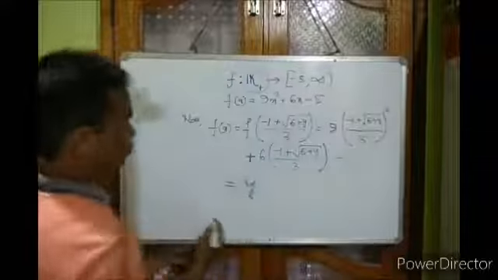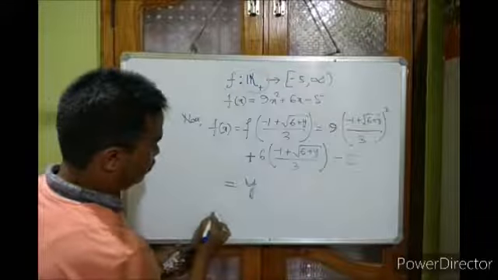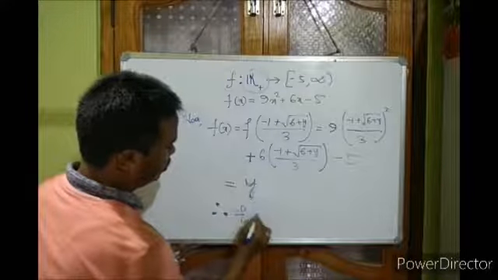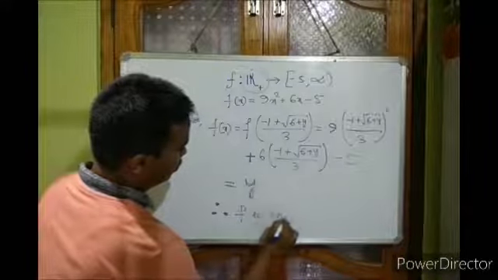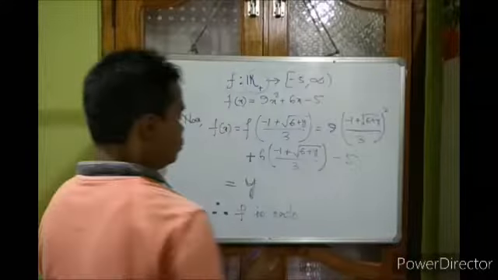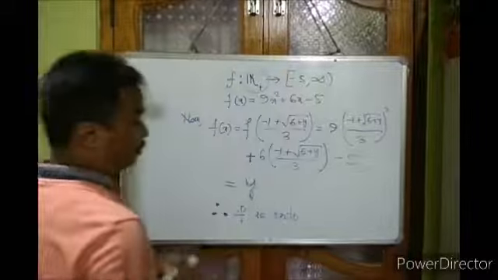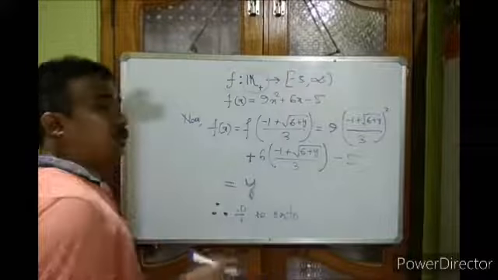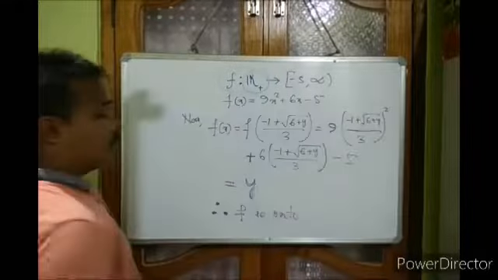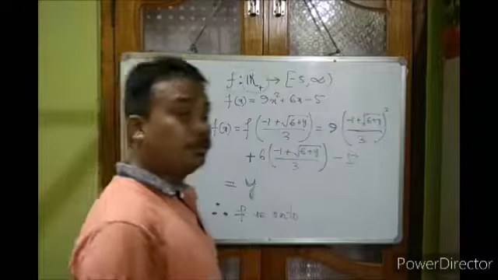So therefore f is onto. Hence f is onto. So in this way we can prove the function is 1-1 and onto. So f is invertible. Invertibility can be proved in this way.